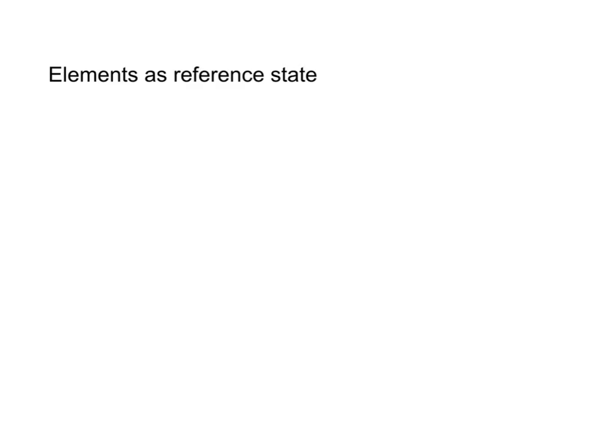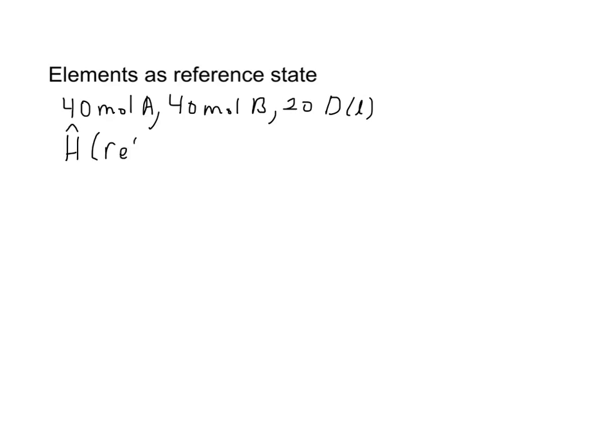So, what we're going to do is take all of our reactants, our 40 moles of A, 40 moles of B, and 20 moles of liquid water, and we're going to calculate their enthalpies relative to the elements at 25 degrees C. That will be our reference state.